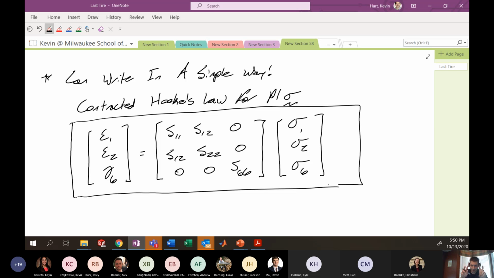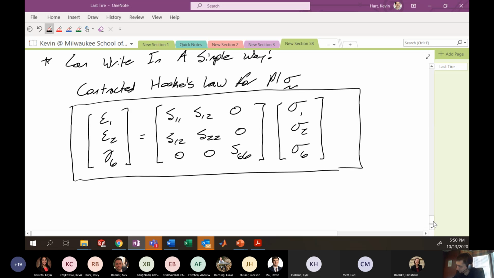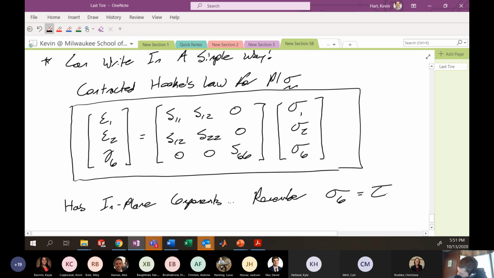So this has all the in-plane components. If you remember, sigma 6 is tau 12. So we're looking at the stress and strain on a two-dimensional surface element of our material.